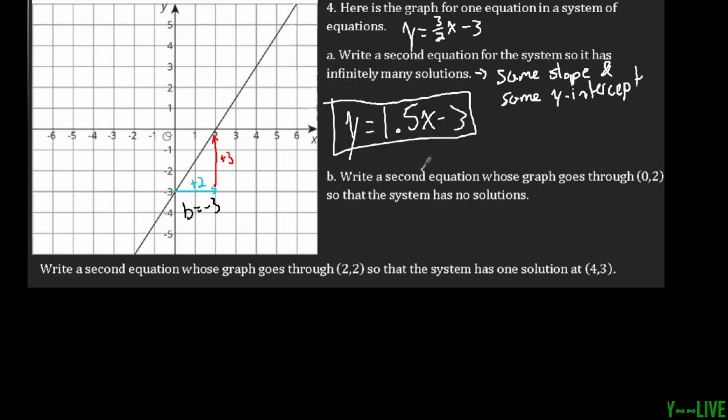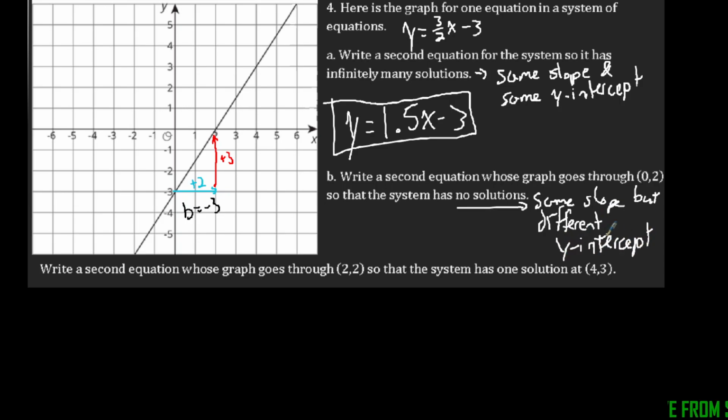Then for part B, it says write another equation whose graph goes through the point 0, 2, so that the system has no solutions. And so when it has no solutions, that just means it's the same slope, but different y-intercept. So again, real simple, be able to write these.